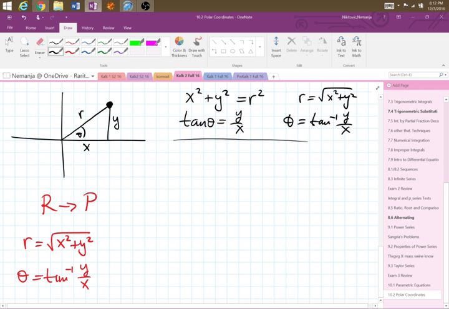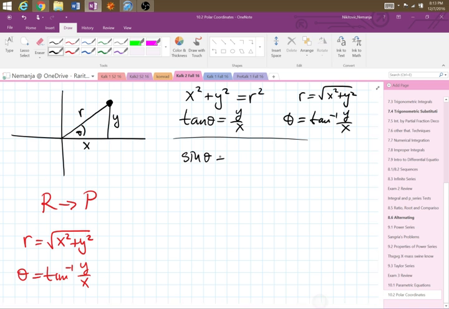The next part is to write both sine and cosine functions here. Sine theta is equal to opposite over hypotenuse, which is y over r. From here I can write that y is r sine theta.